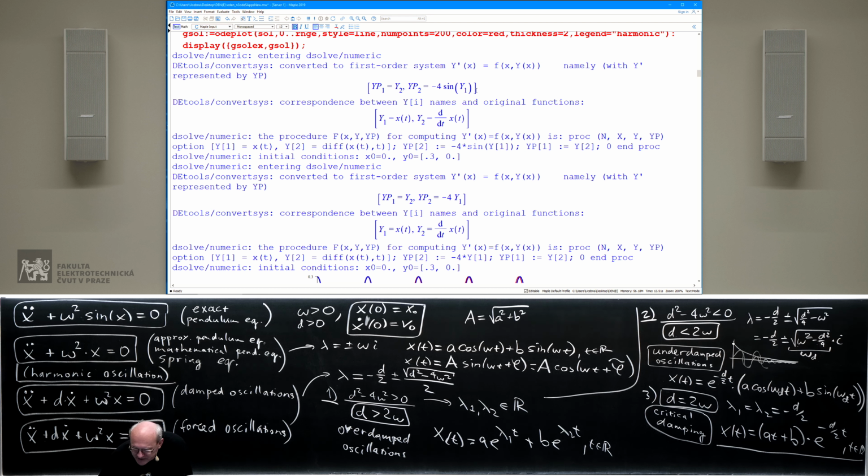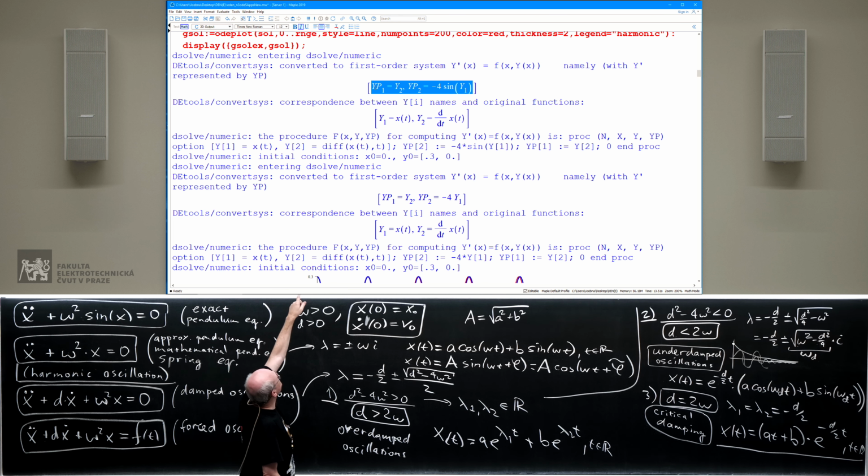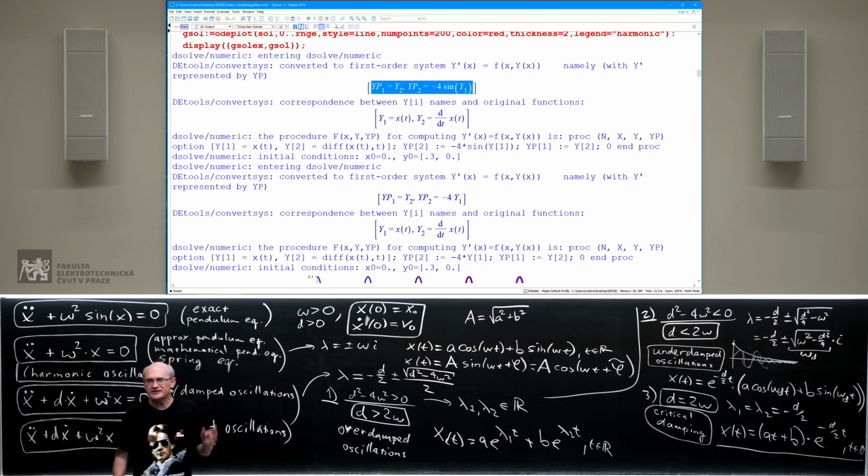We can see right here at the start that Maple decided to change the second order equation into a first order system of differential equations. Exactly our next topic in the theory of differential equations. So instead of solving this equation using some numerical method, it's actually looking at a system of first order equations, and then it applies standard procedure for solving first order equations.